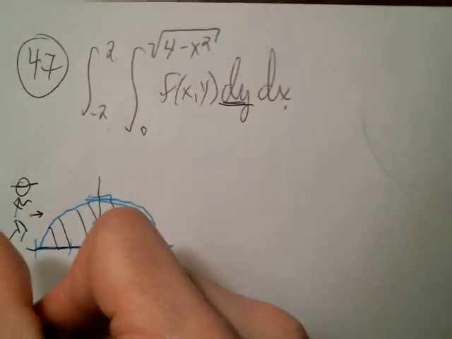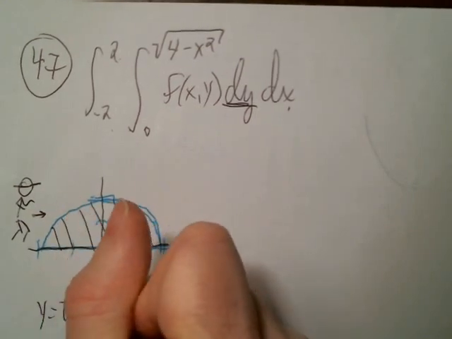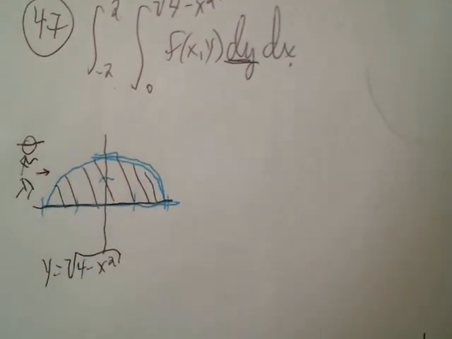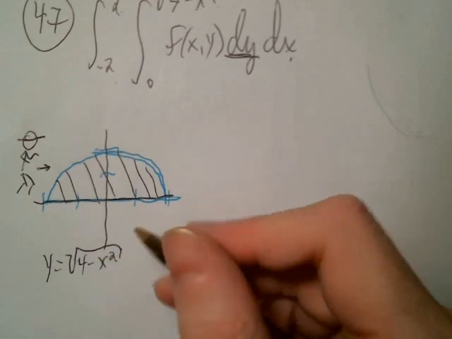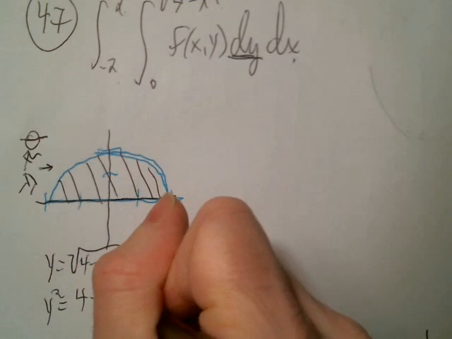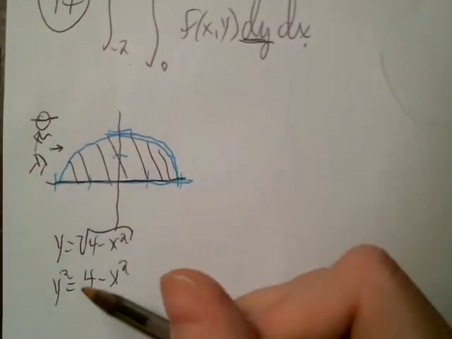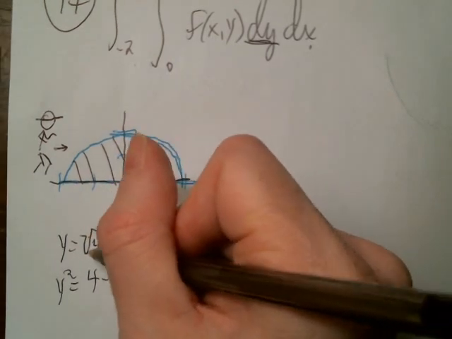And one thing I'm going to note is this y equals square root of 4 minus x squared, right? If I got rid of the square root, I would get y squared equals 4 minus x squared, and then it's an equation of a circle, and there's always two hemispheres. There's a plus and minus, right?